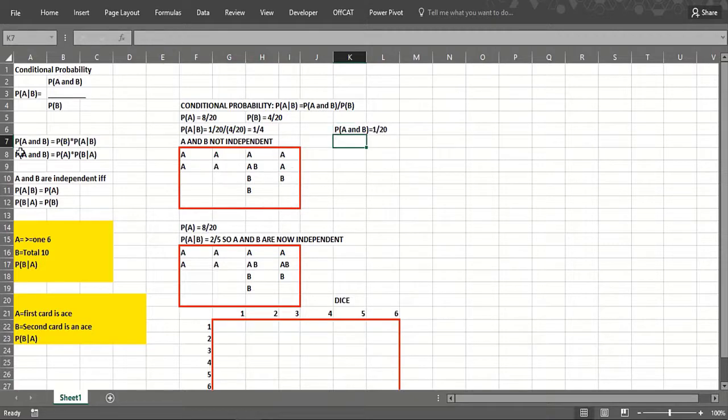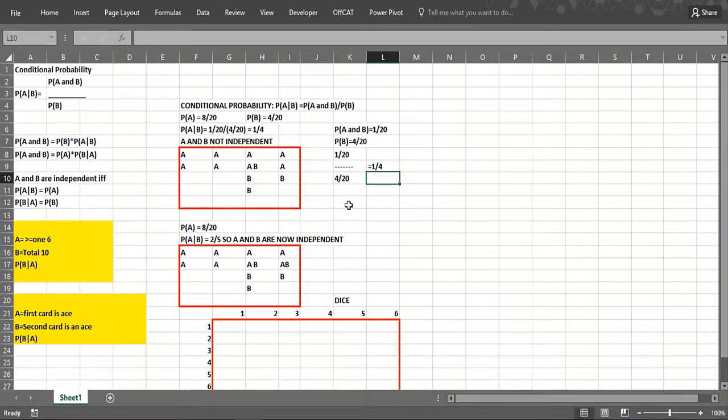Then you have to divide by the probability of B, so you count how many points are B. That's 1, 2, 3, 4. And so the answer would be the probability of A and B, 1/20th, divided by 4/20ths, and that would be 1/4.